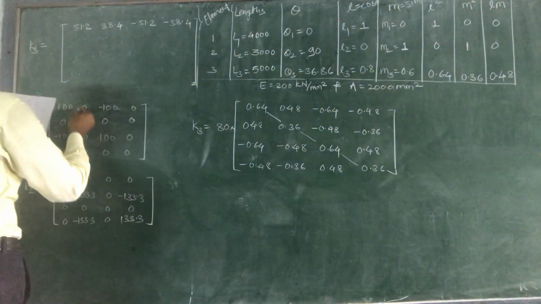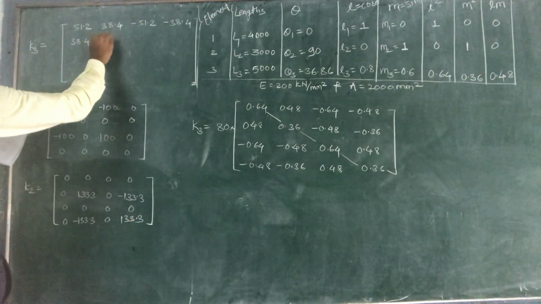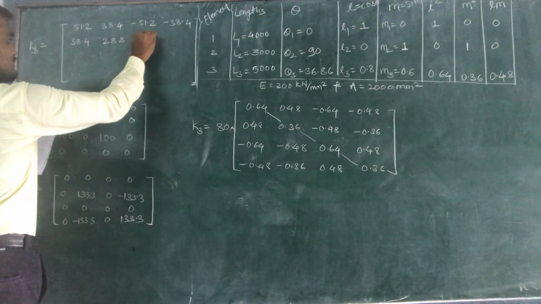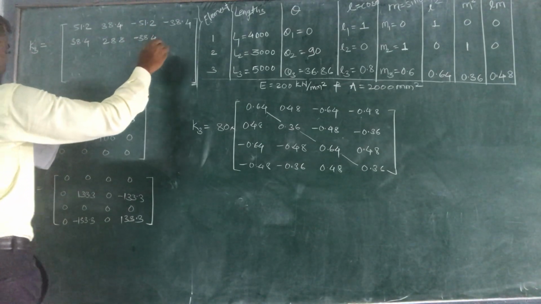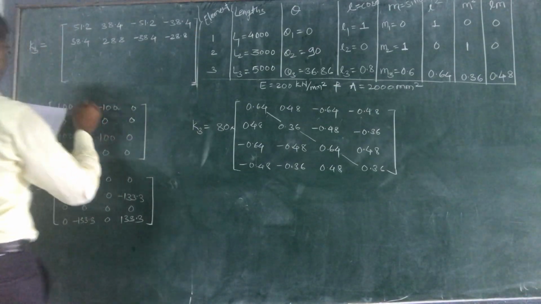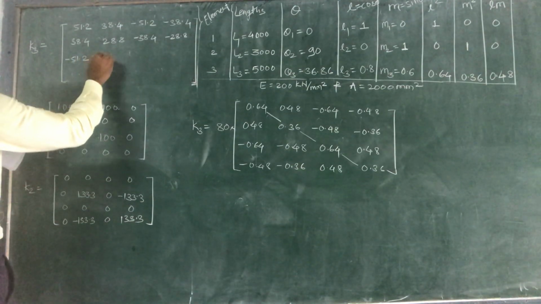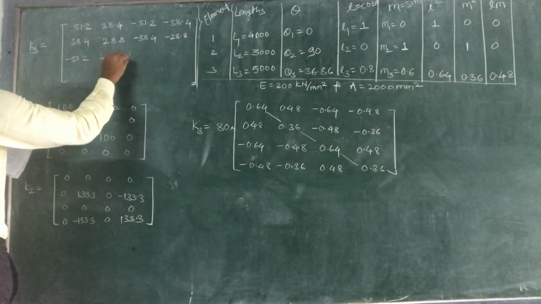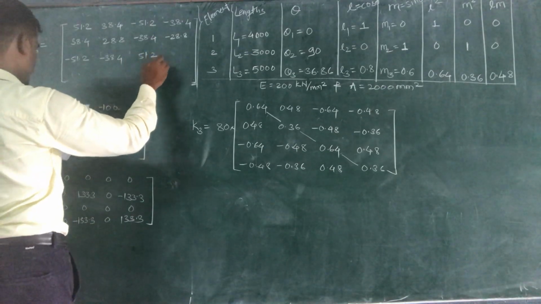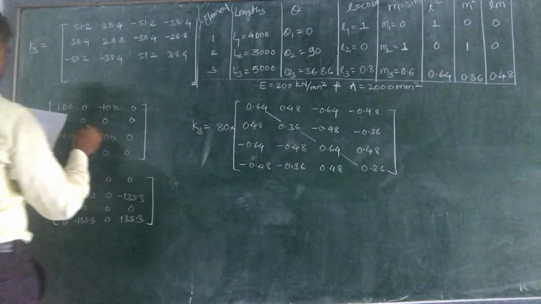Okay, then 38.4, 28.8, minus 38.4, minus 28.8. Then minus 51.2, minus 38.4, 51.2, 38.4.